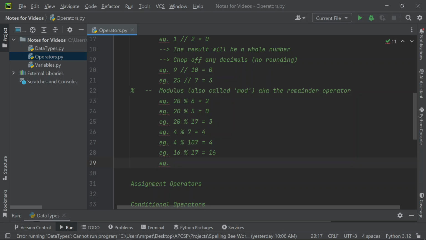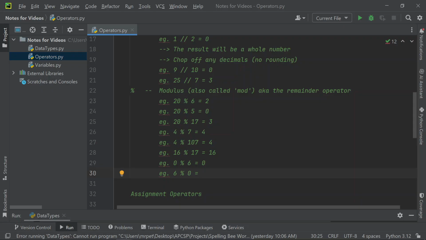We could have something like 0 mod 6. 0 is a weird one, but it's going to work the same way as the last 3 examples. 6 is not going to 0 at all, so the remainder is just the original number, which is 0. However, if we flip the switch here, if we do the opposite, we are basically saying, what's the remainder after we divide 6 by 0? But that's the problem.